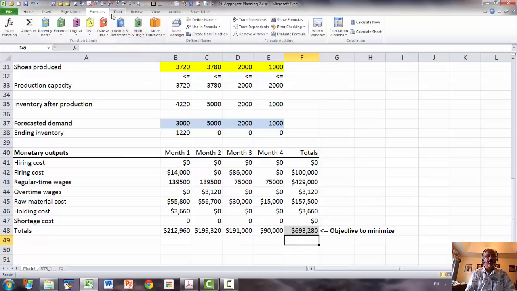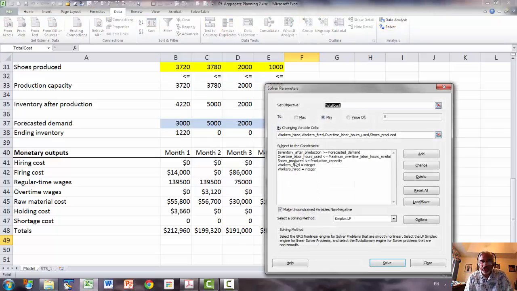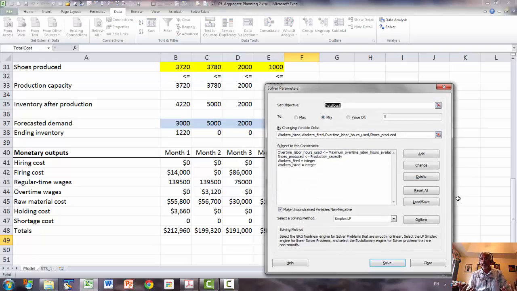So now we go to solver and make sure that you remove inventory after production is greater than or equal to forecasted demand. That's no longer the case because we are allowing shortages to happen. There is one more thing that we have to do. Since we use the IF function in calculating the shortage cost and the holding cost, the linear model is no longer valid.